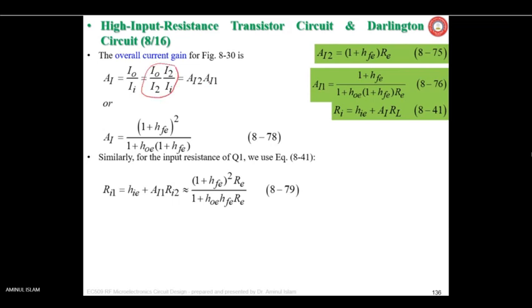We get the two stage currents multiplied, or two transistor current gains multiplied. Putting the values separately, we get this. AI2 we obtained earlier in the previous slides, then AI1 is obtained here. Put these values and you will get the overall current gain AI.